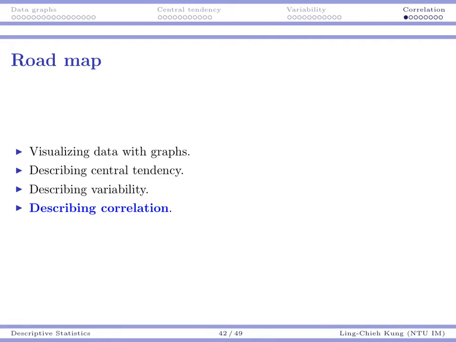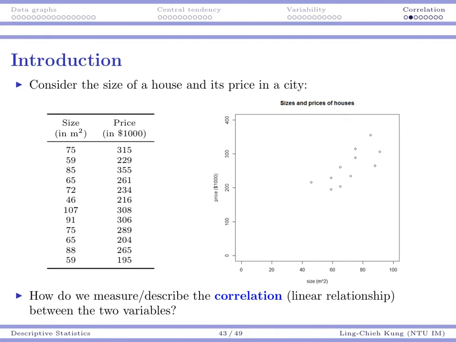Okay, so let me start. Here, the topic I want to talk about is how to measure the relationship between two variables. Suppose I go to a city and randomly select 12 houses and record their sizes and prices.